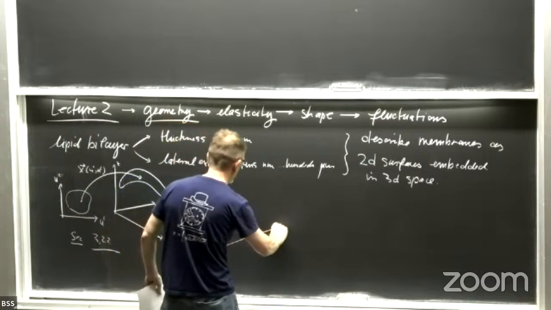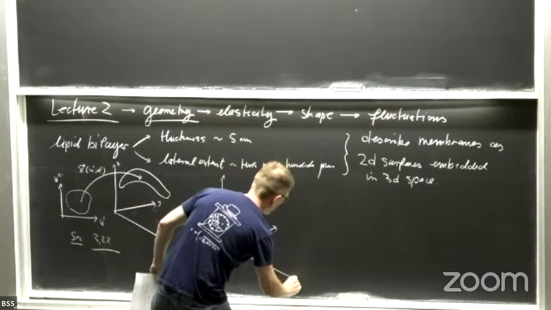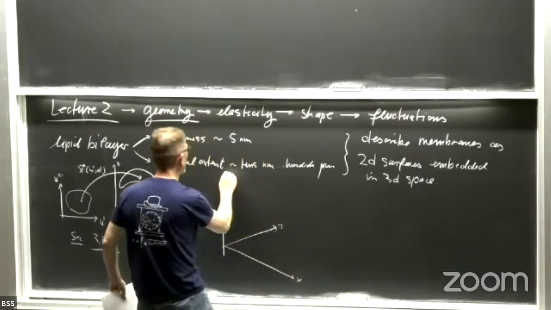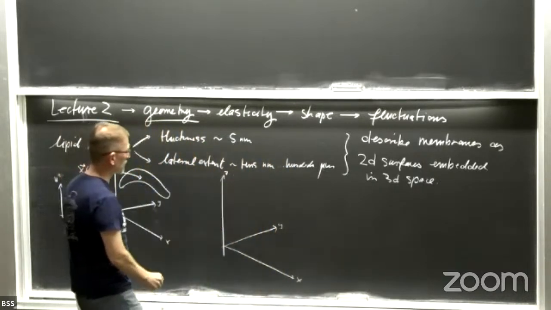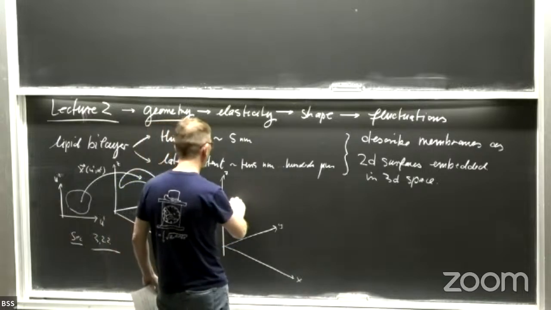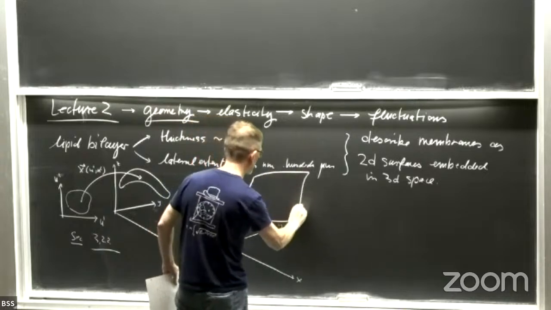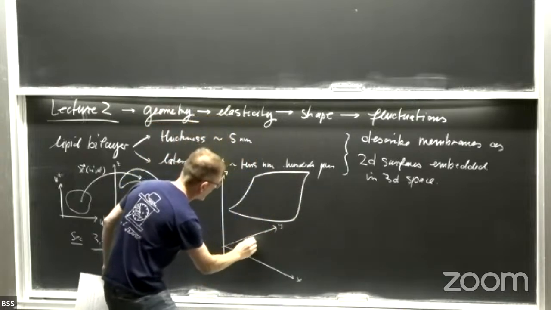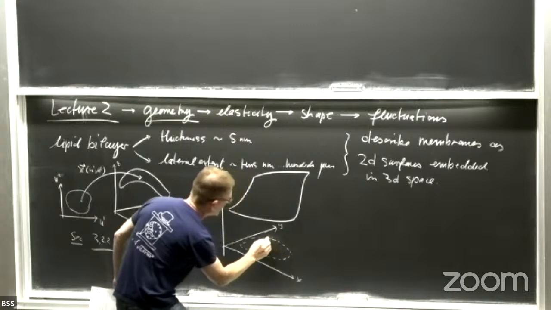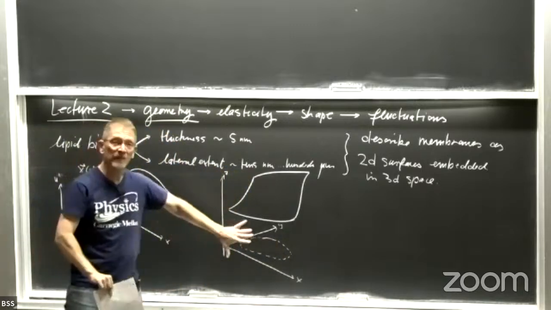Okay, here's my three-dimensional space. That's X, Y, and Z. And I have some sort of surface that's sitting here. And it sits on top, right? Its reference surface in the base plane.